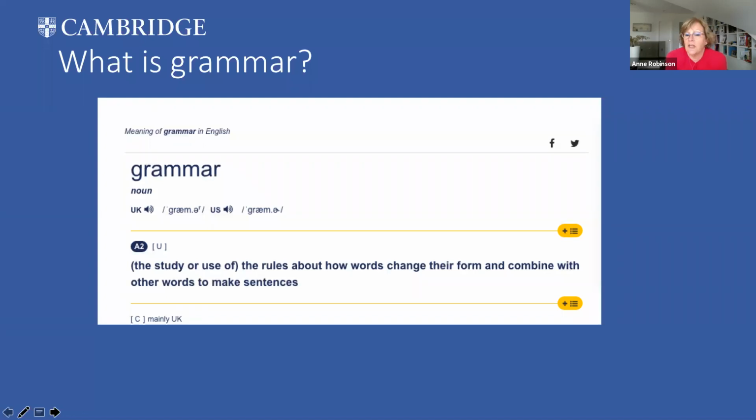So words might change their form because of tense. If we have the past simple, for example, in English, then a lot of verbs add ed to the end to form the past simple or the past participle. And words combine with other words, so we might get a preposition that combines with a noun or a noun phrase, for example.